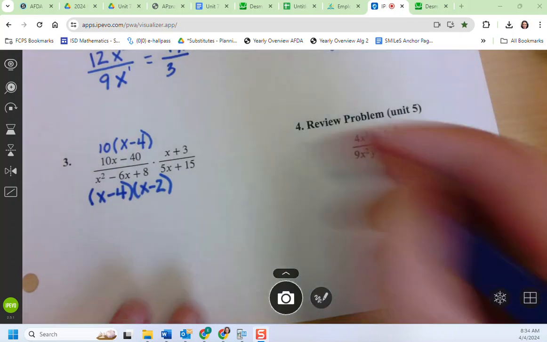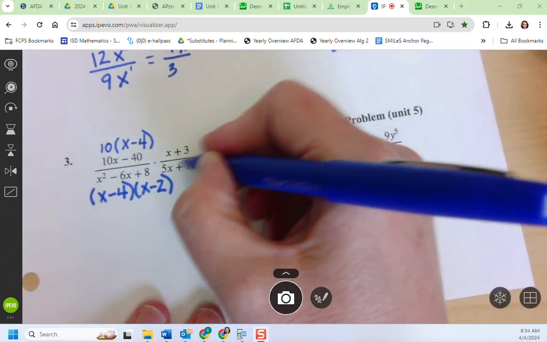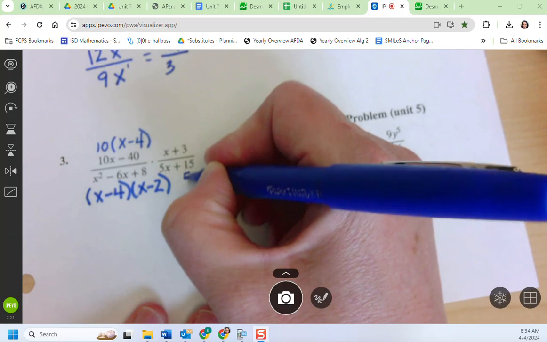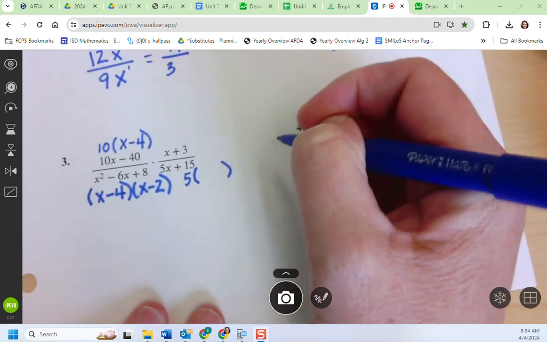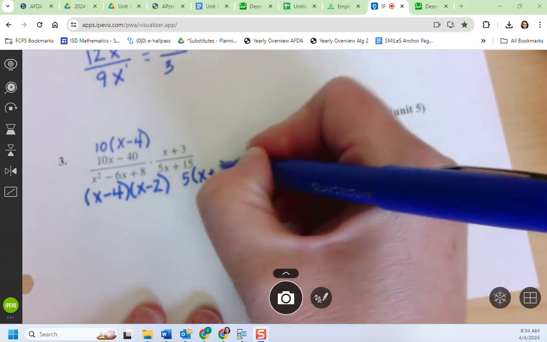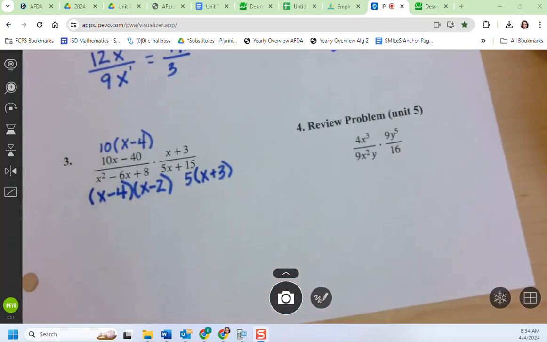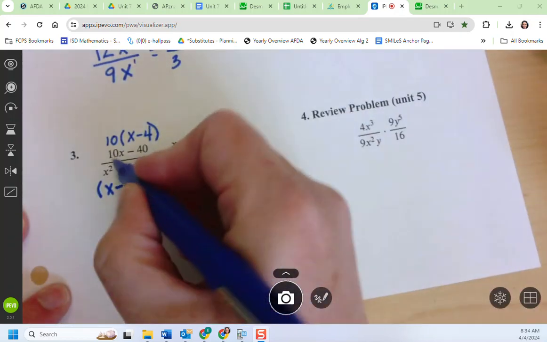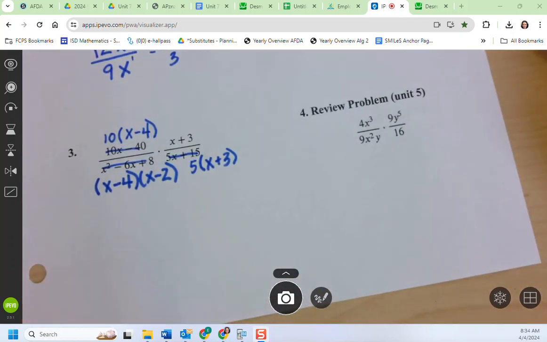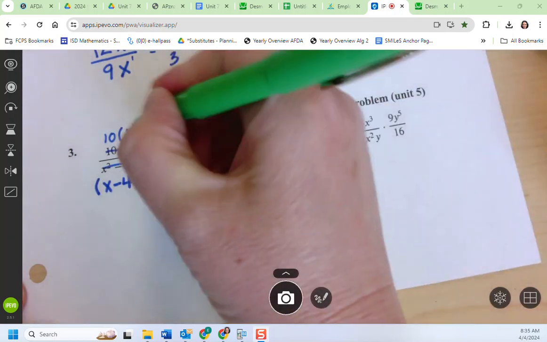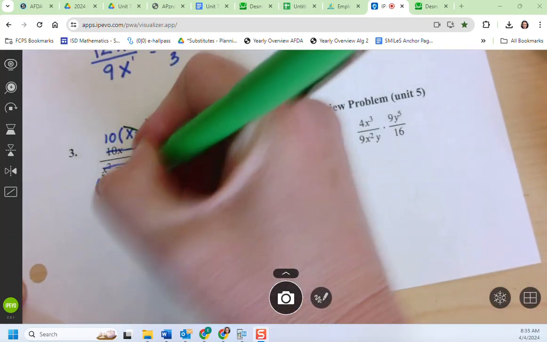All right. Down here, we need to factor out a common factor of 5. And what do we have inside the parentheses? Okay. All right, so that's instead of this and this and this. So now we can start canceling things out. I can cancel out the x minus 4, and what else?